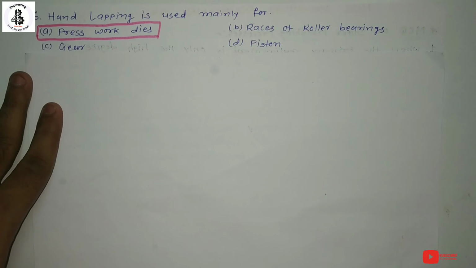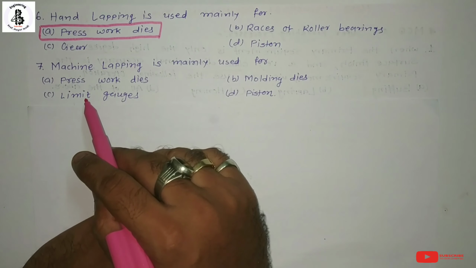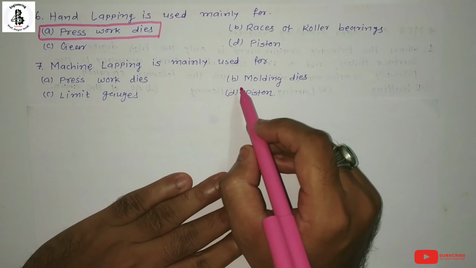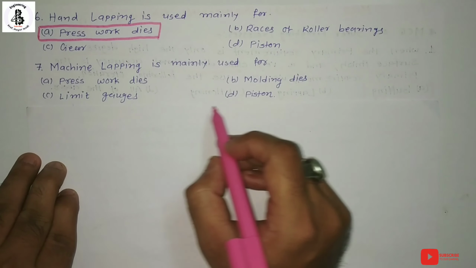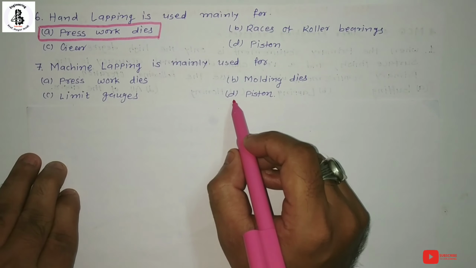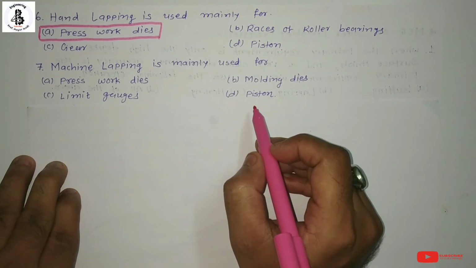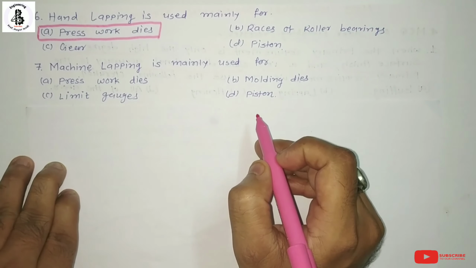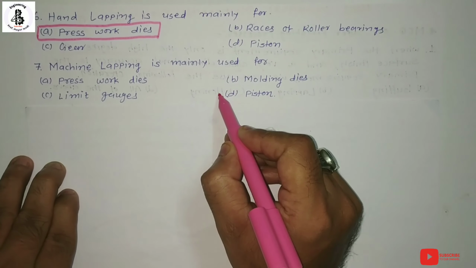Then next question. Machine lapping is mainly used for option A, press work dies, option B, molding dies, option C, limit gauges, and option D, pistons. So the machine lapping process is generally applicable to the manufacturing of pistons. So the option D.